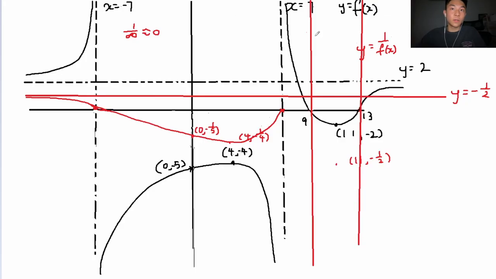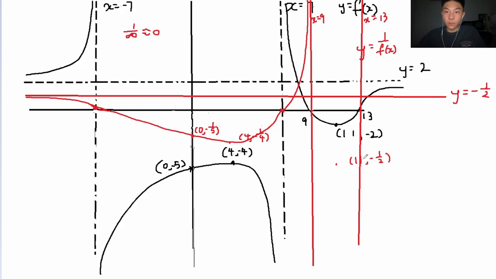So we get x equals 9 and x equals 13. So as it approaches 0, right, 1 over a really small number will get a big number. So we'll start at the highest we can go, and we'll come down all the way to meet this point.